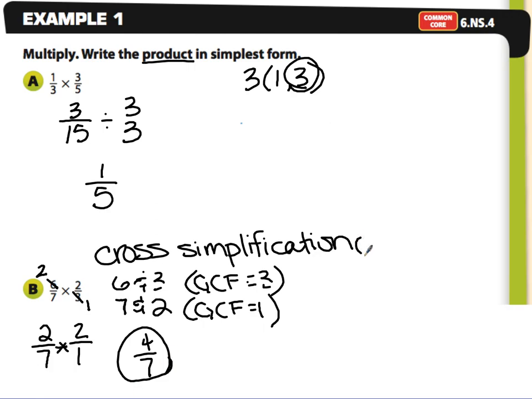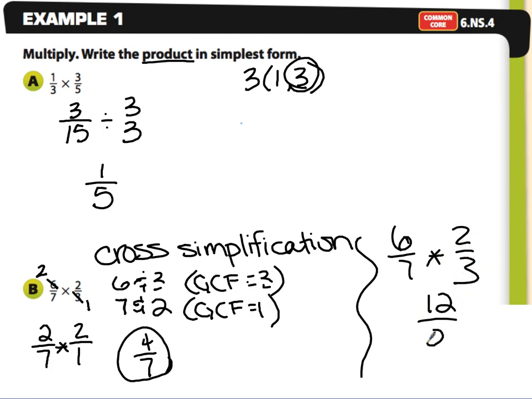If I want to double check that, I can multiply as I regularly would have. Doing 6 over 7 times 2 over 3, I would have gotten 12 over 21, both of which are divisible by 3, which would have given me 4/7. Notice I got the same answer, but here I simplified first and then multiplied.